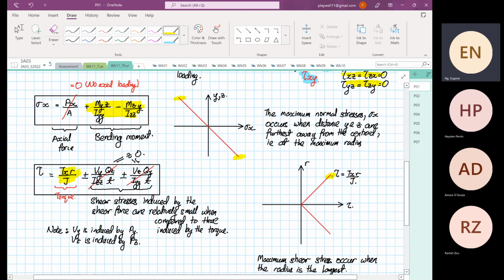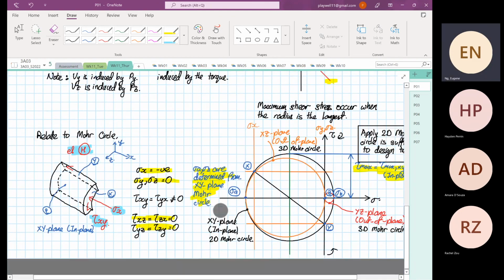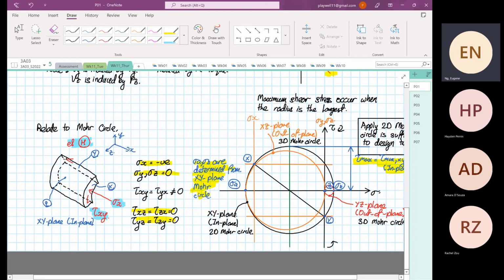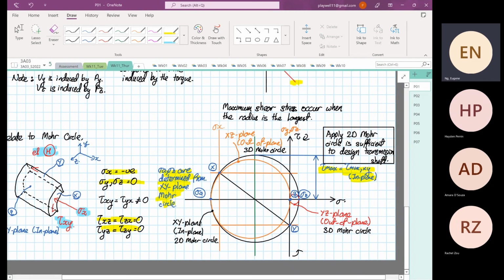Likewise for the torque, at the furthest distance from the centroid you have the maximum magnitude. Then we related to Mohr circle, and we just constructed the 3D Mohr circle. From it, we realize that it's not necessary to plot the out-of-plane circles, i.e. your YZ plane and your XZ plane. All the information needed to design your transmission shaft is in your XY plane.